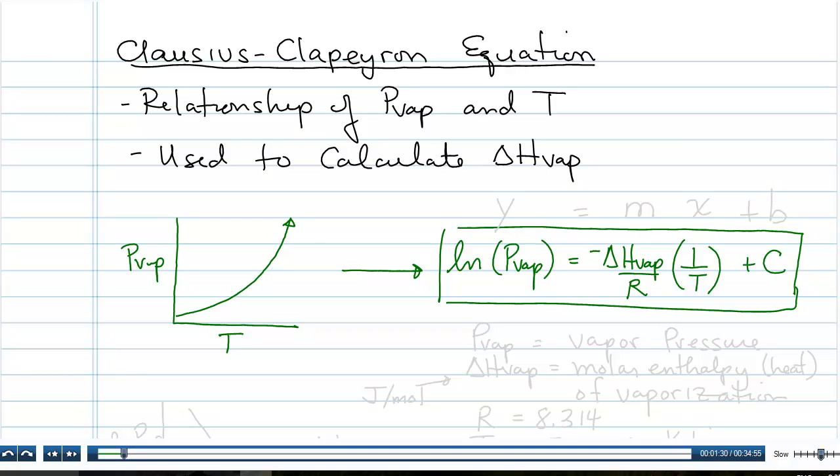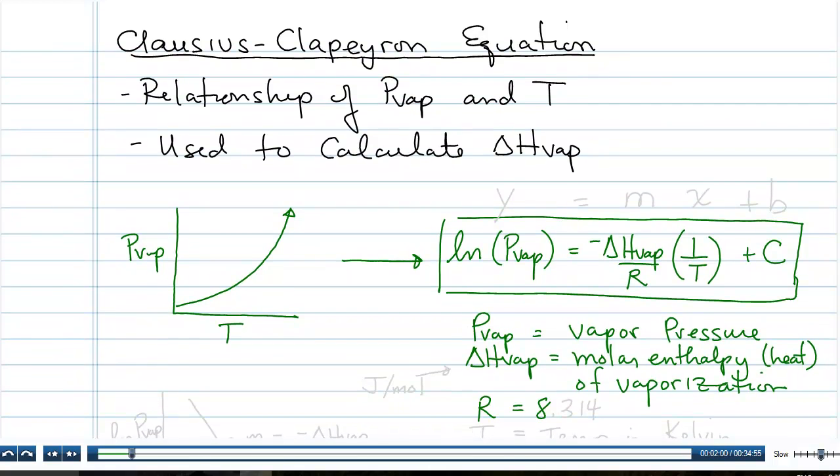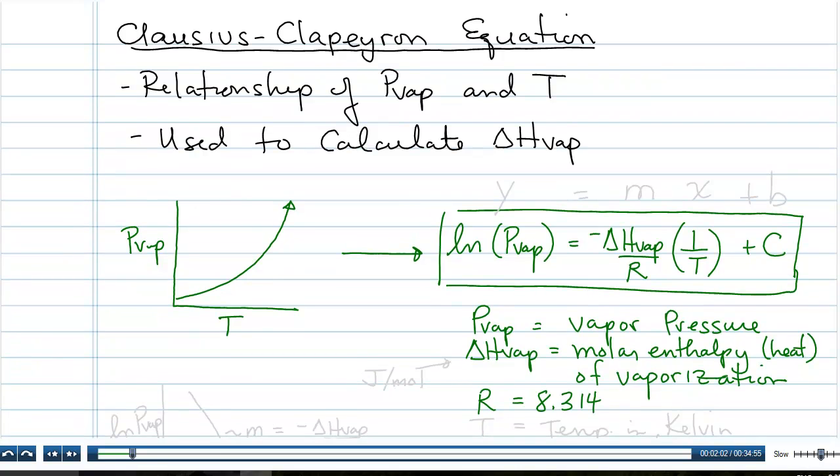In it, P vap is your vapor pressure of a liquid. Delta H vap is your molar enthalpy, also called heat of vaporization. R is the ideal gas constant, 8.314.